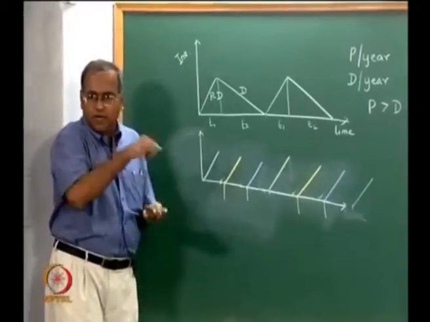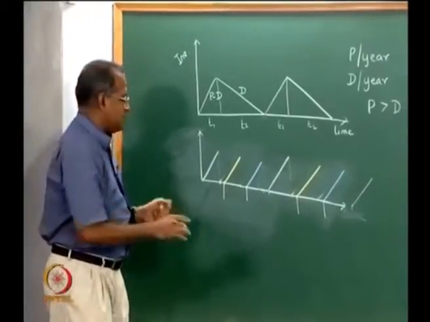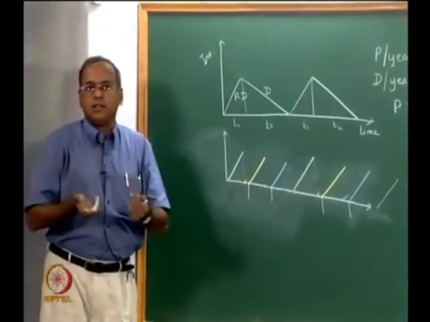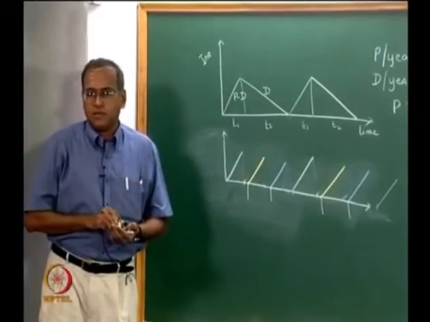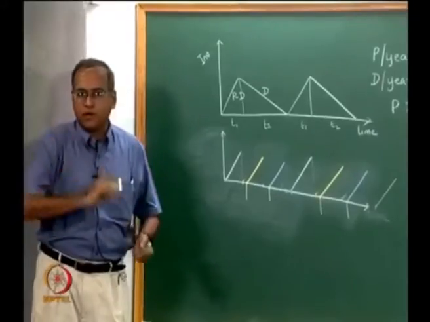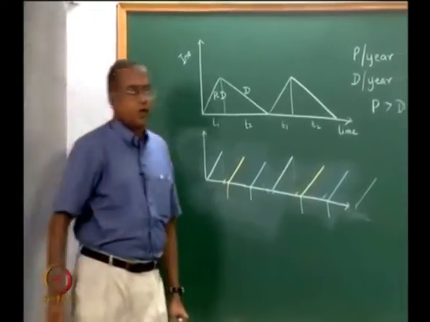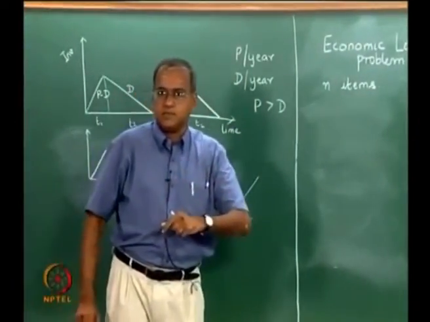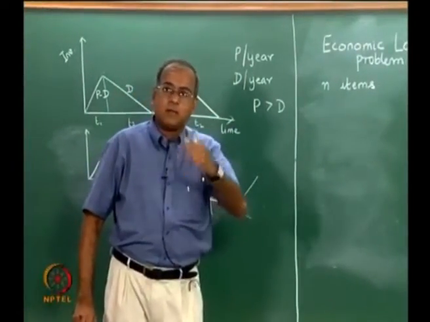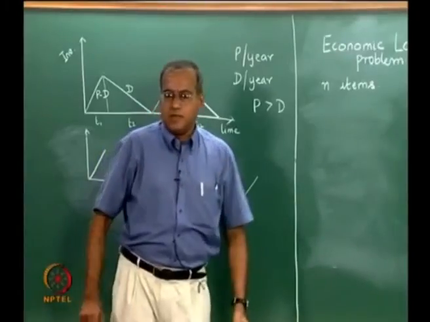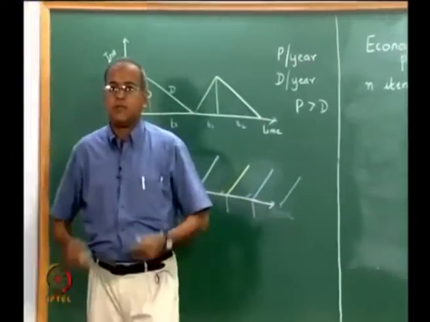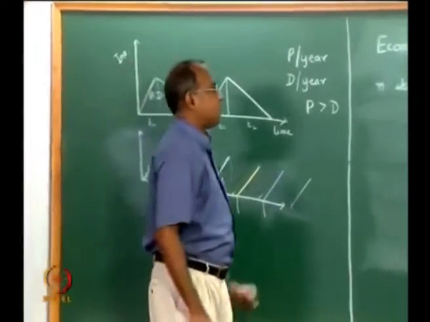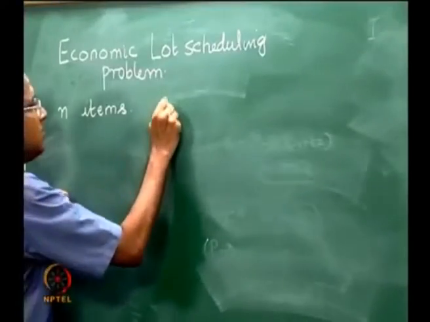Now, if we take a particular item, the only condition is the cycle time T is the same for all the items. Capital T is the cycle time for all of them. So, if the cycle time is T years, then the number of times we produce is 1 by T. So many times in the year we produce.